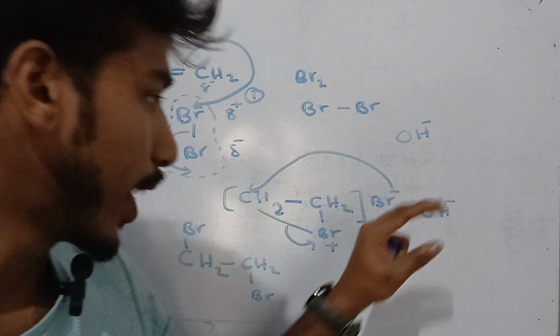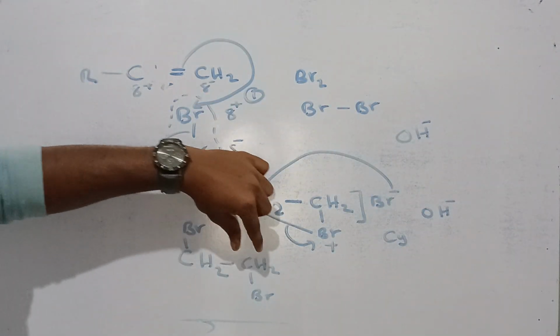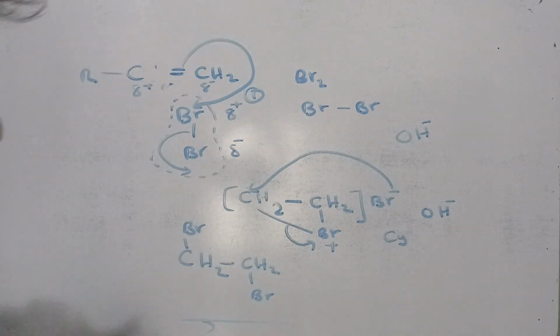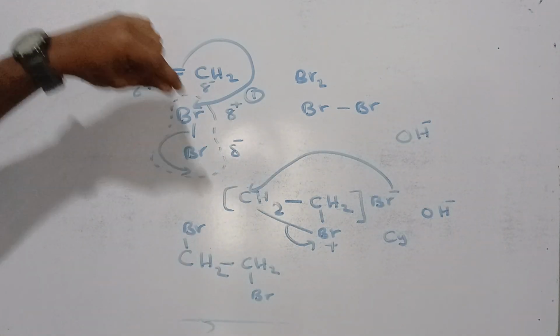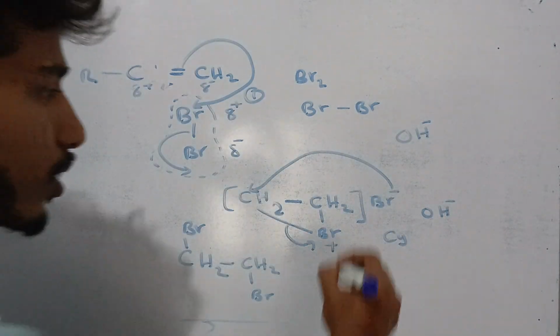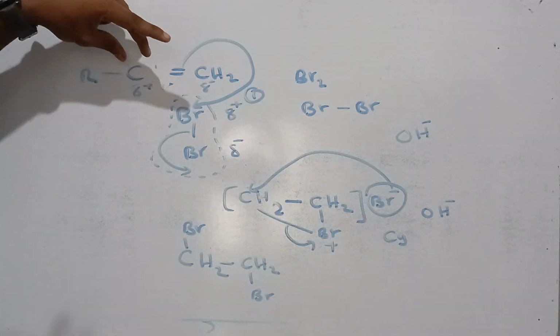But if there was a hydroxide, of course, hydroxide comes onto this carbon, not this one. So every time remember, the one with the partial positive can be replaced with this bromide. It is the one that is going to attack this partial positive carbon.